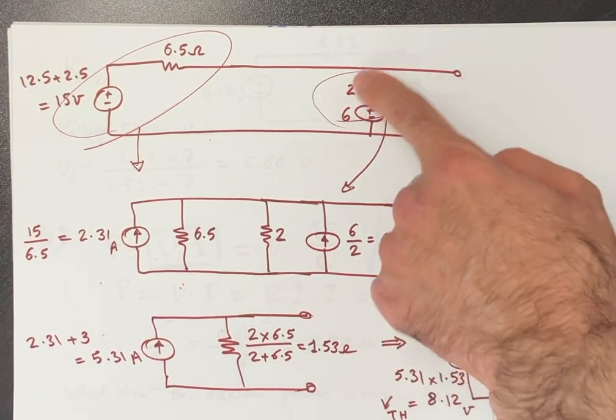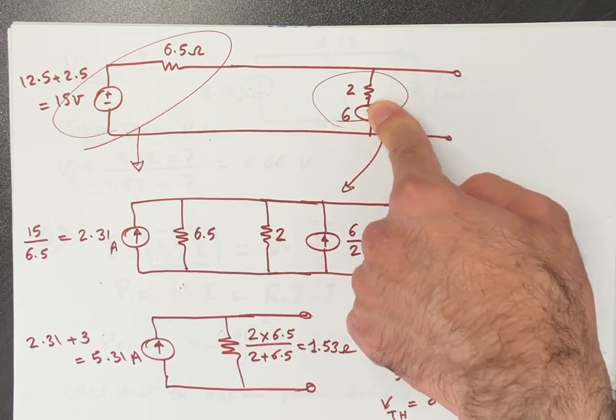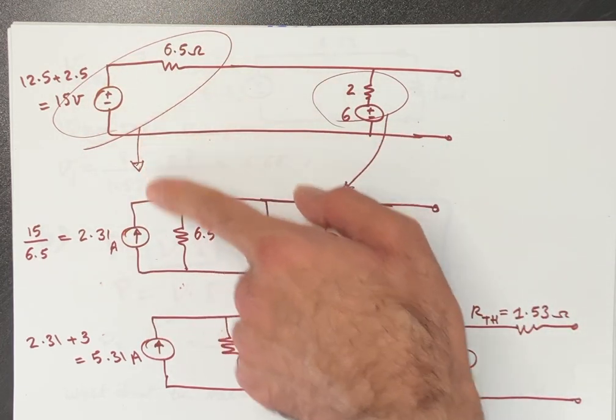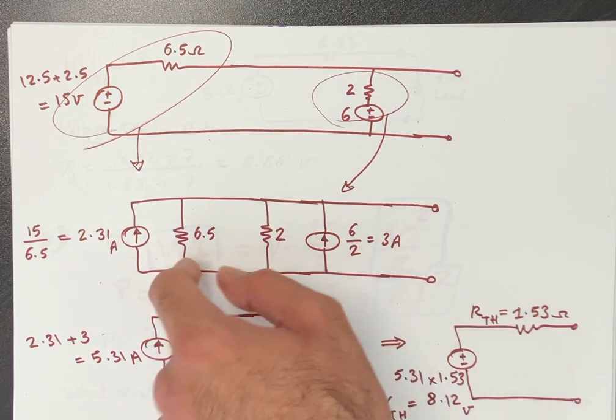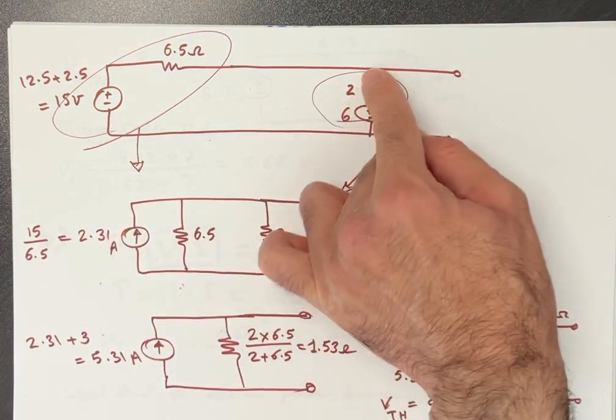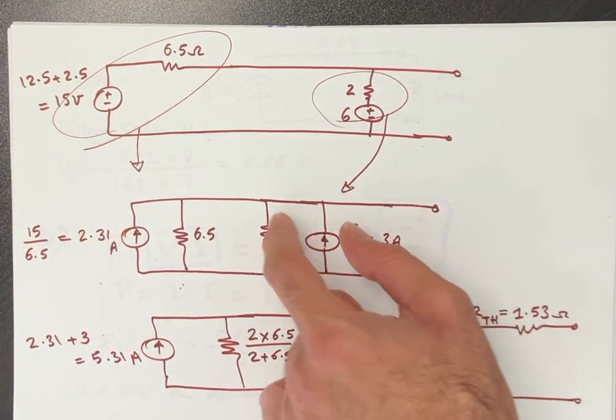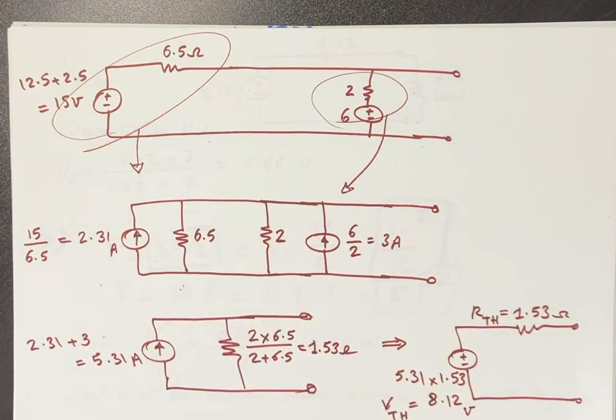The remaining is the parallel branch here. Now, if we convert this part to Norton, then we see this and this. If this is also converted to Norton, then we will have basically 2 parallel branches.